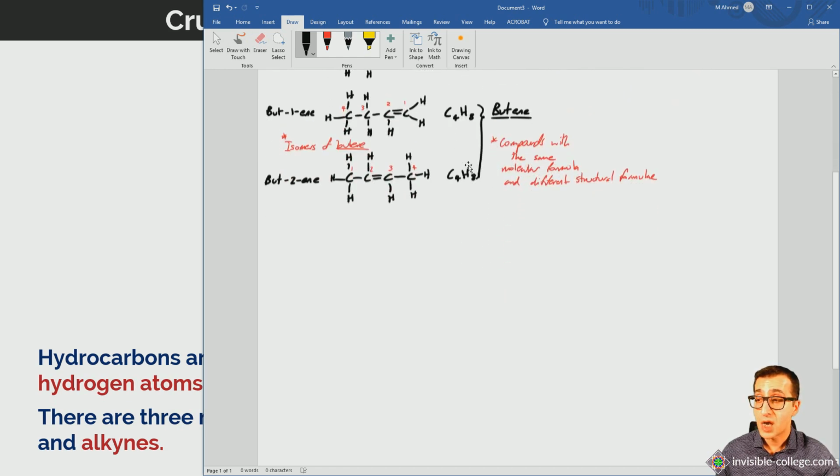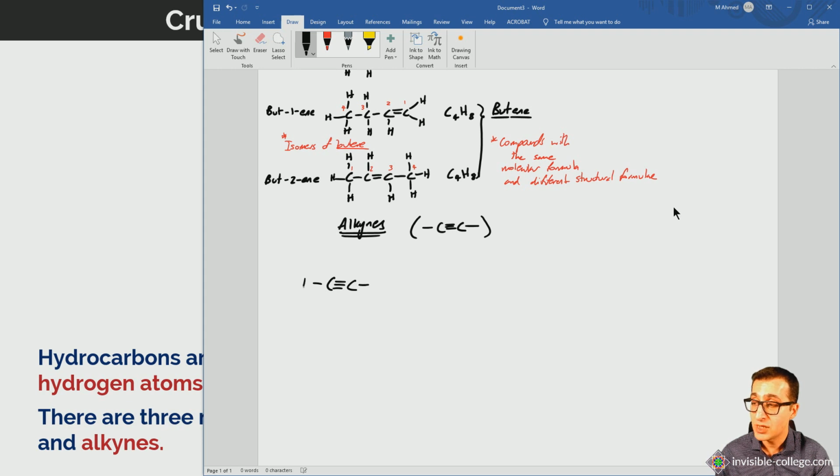Now, there is another type of hydrocarbon, another homologous series of hydrocarbons called alkynes. The functional group in alkynes is the carbon-to-carbon triple bond. So whenever we have alkynes, somewhere within that molecule you have a carbon-to-carbon triple bond. The simplest type of alkyne contains two carbons which are triple bonded to each other, which means the remaining bond from each of those carbons is to a hydrogen atom.